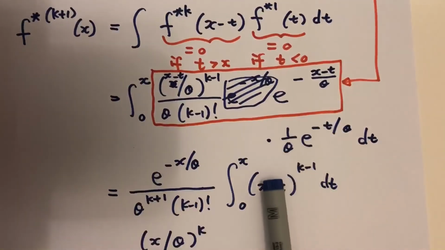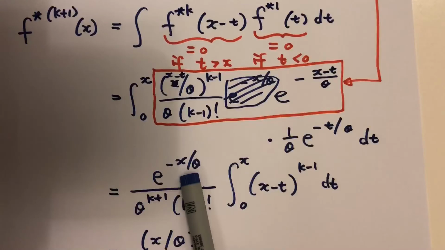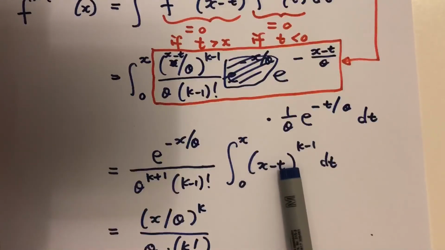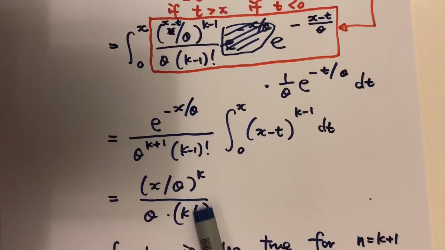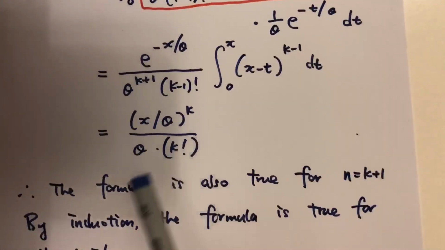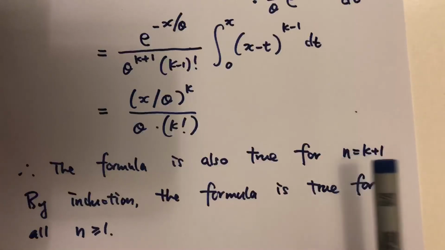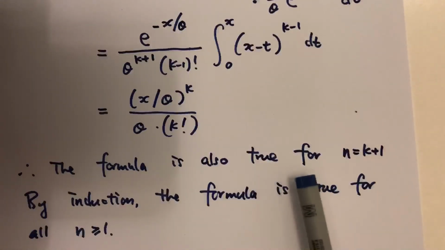Those factors not depending on t, we put outside, and inside, the only factor left is x minus t to the power k minus 1. You can integrate this easily, simplify it, and you will get exactly the given formula for n equals k plus 1. Therefore, the formula is also true when n equals k plus 1, and by the principle of mathematical induction, the formula is true for any n.